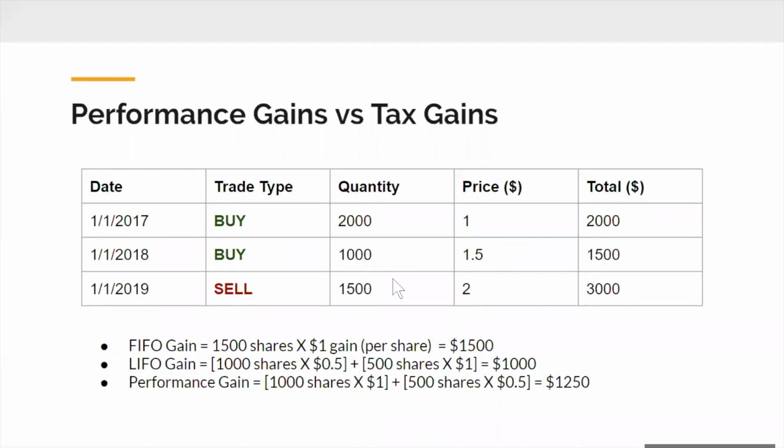So what Sharesight does is uses a pro rata allocation method in all cases. So we'd essentially say we've sold down half of our units, so therefore we're going to sell down half of this trade, so we'd allocate 500 shares out of here, and we've sold down half of this trade, so we'd allocate 1,000 shares out of there, and we would arrive at a gain figure of $1,250.